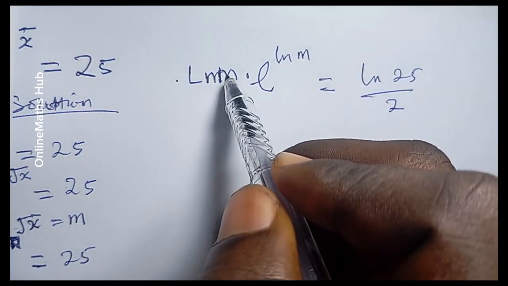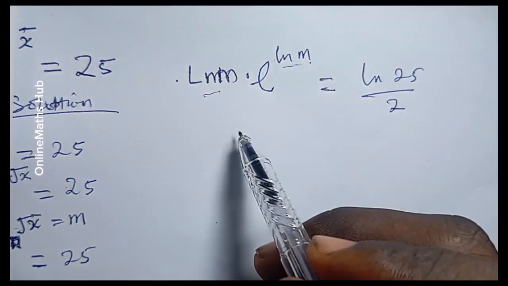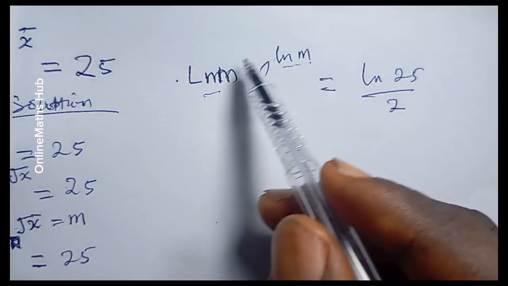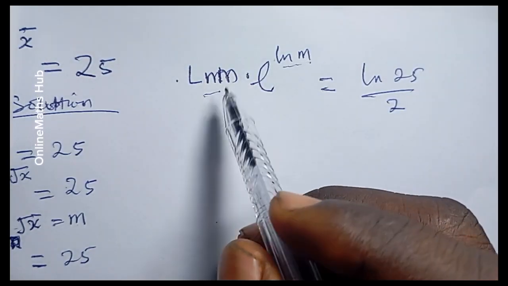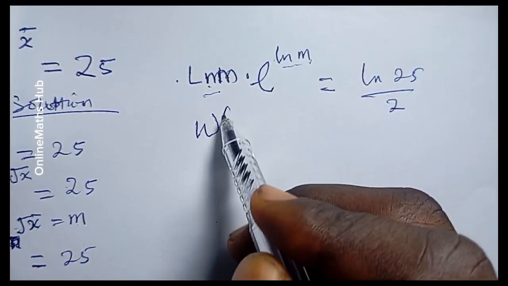You can see that I've got natural log of m right here, and this function here is in the form of a e to the a. So now I can apply the Lambert W function.